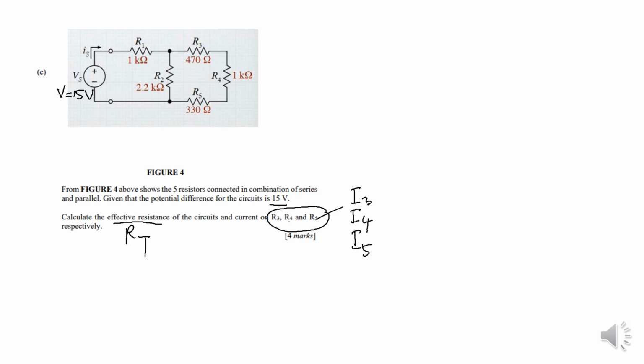Okay, so kita gunalah kaedah table. Okay, table kena ada 3. Ini adalah untuk simplify sikit.